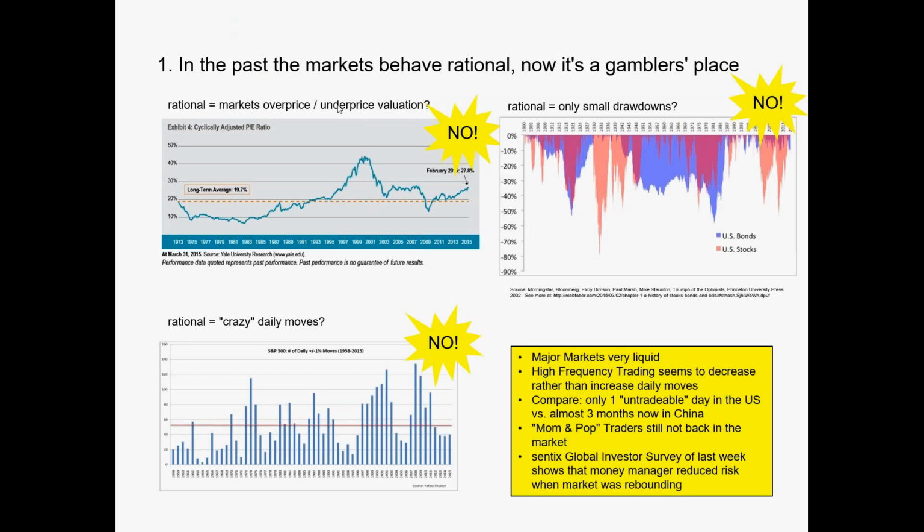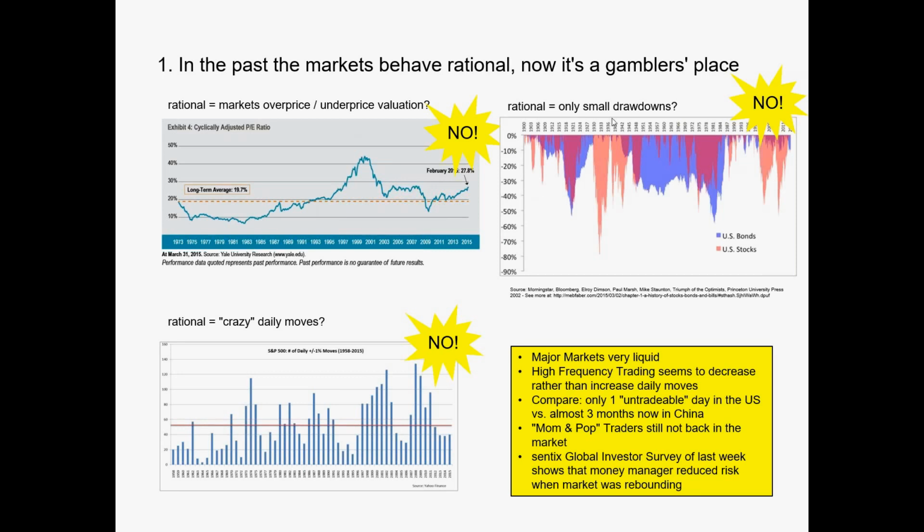I mean, if we take PE ratio or whatever, I would say we had times where the market was more underpriced, definitely, and of course, especially around the dot-com bubble, but also before the crash in 2008, 2009, we had higher valuations.